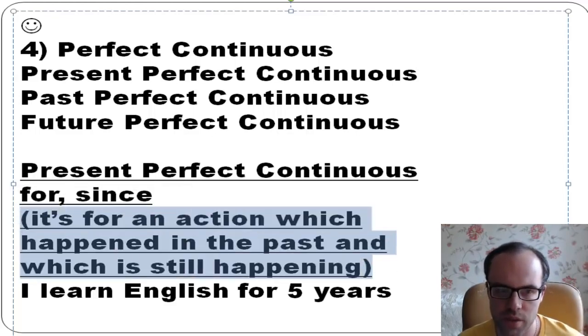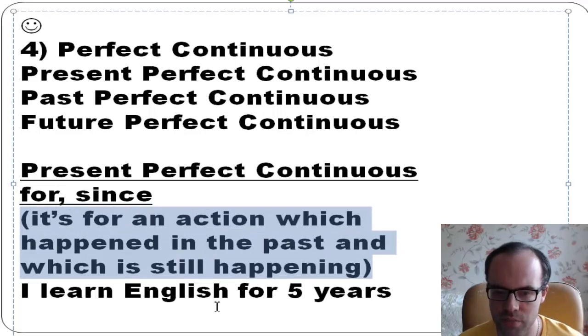So it happened in the past and it is still happening. Yeah, and we use for and since.